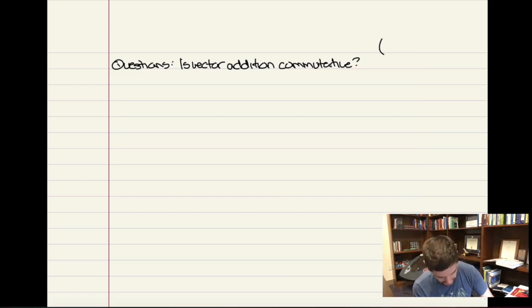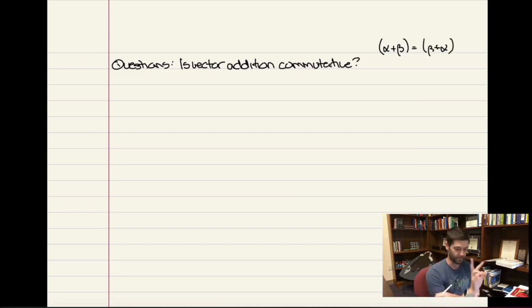For just regular numbers, if I have numbers alpha and beta, like 3 plus 5, alpha plus beta is the same thing as beta plus alpha. For addition, it doesn't matter the order you add them up in, you get the same answer. That's the commutative property of numbers. So since we're defining vector addition and using the same plus sign, does vector addition also obey this property of being commutative?